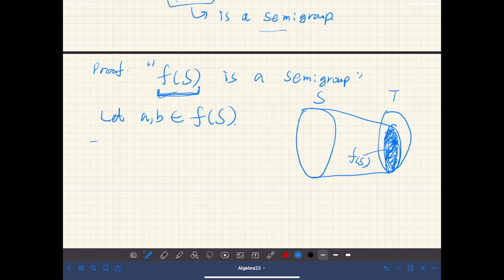Then there exist x and y in S such that a is equal to f(x) and b is equal to f(y). If we pick any two elements from f(S), then there should be corresponding elements in the semigroup S.